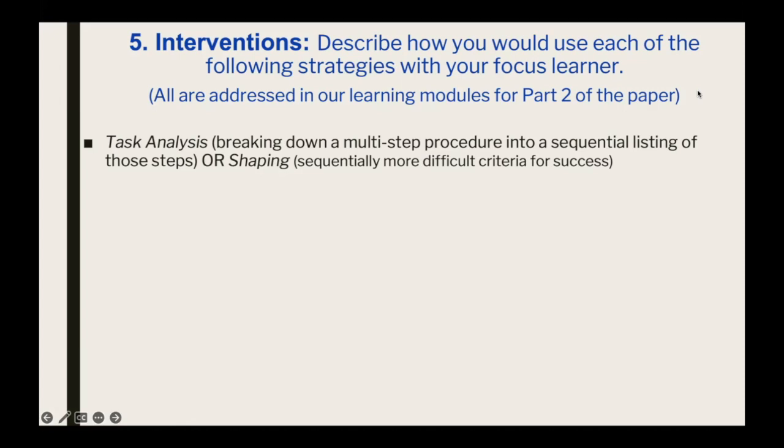In task analysis, we break it down into the steps to be followed. For example, if it were washing clothes, step 1, locate the clothing that is dirty. Step 2, place it in a basket. Step 3, take the basket to the laundry room, and you get the idea, one step after another.